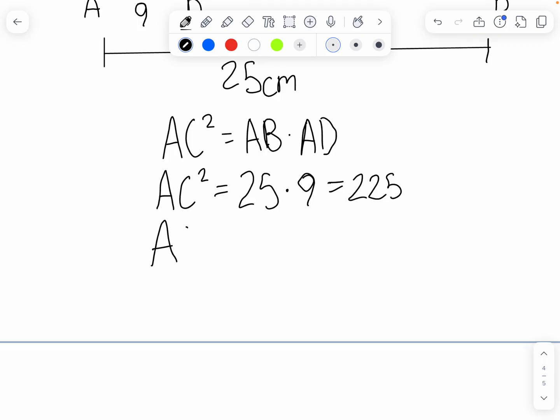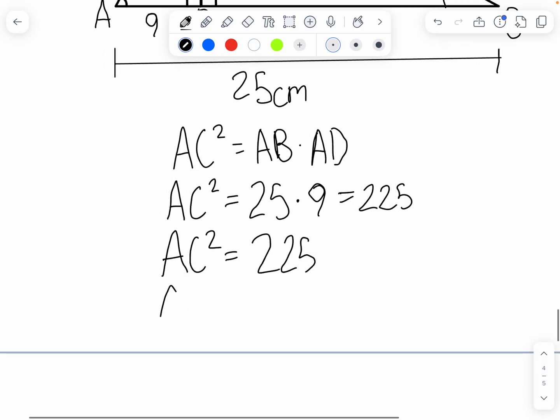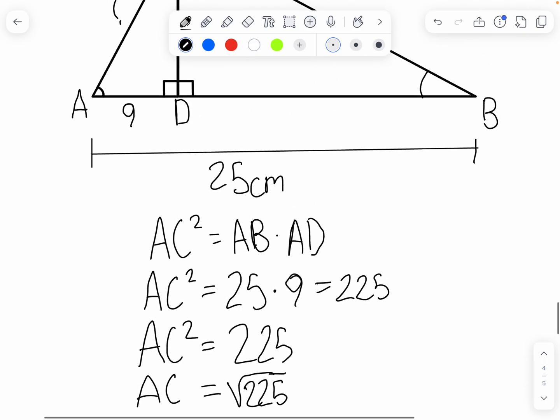So AC squared equals 225. AC equals the square root of 225.